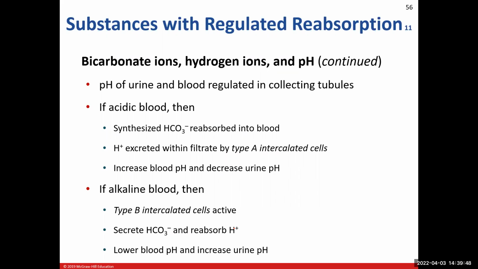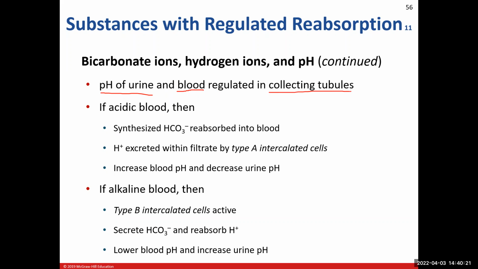So keep in mind what I told you about the inverse relationship. The higher the hydrogen ion concentration, the lower the pH, the more acidic something is, and vice versa. So we're going to see how we are going to regulate the pH of the urine and the pH of our blood. And we're going to see how that all goes on in our collecting tubules here.